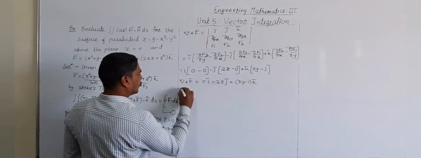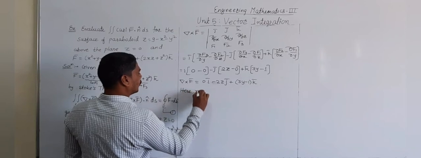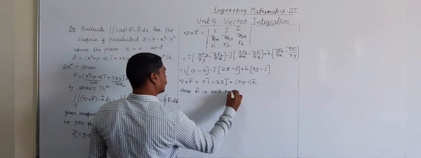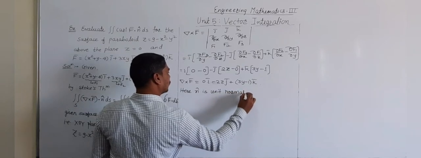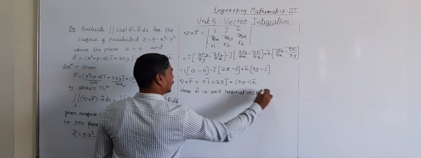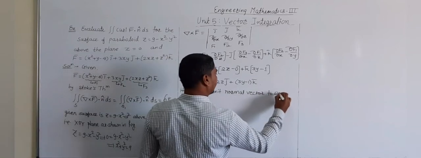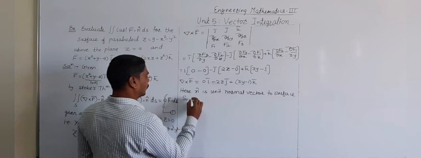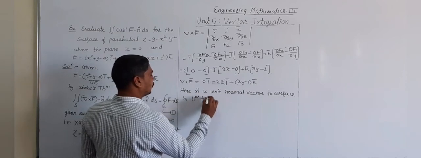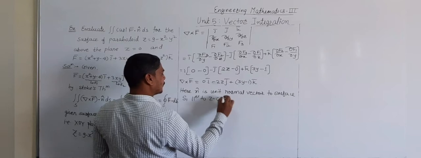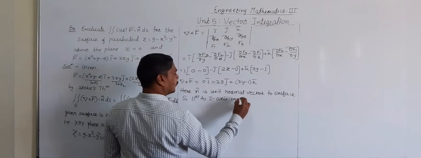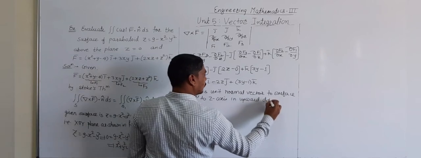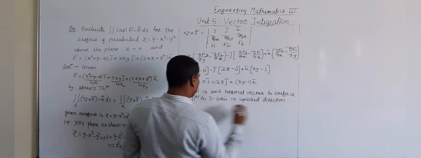So here n cap is the unit normal vector to surface S1 parallel to z axis in upward direction.